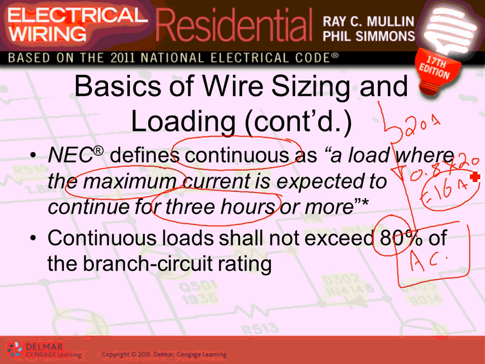The load that you're feeding here cannot be more than what? 16 amps. Can you put a 17 amp AC here? Yeah, no. You exceed the rating. Any questions, guys, about continuous loads?